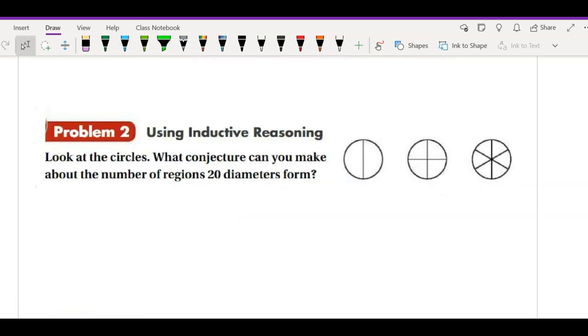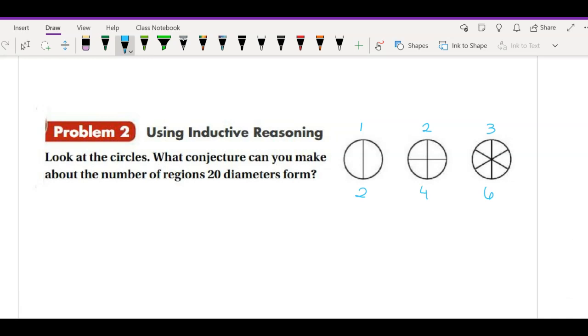So let's take a look at this example. We're going to look at the circles, and they want to know what conjecture we can make about the number of regions that 20 diameters form. So here I have 1 diameter. How many regions are formed? 2. Here I have 2 diameters. How many regions are formed? There are 4. Here I have 3 diameters. How many regions are formed? 6.